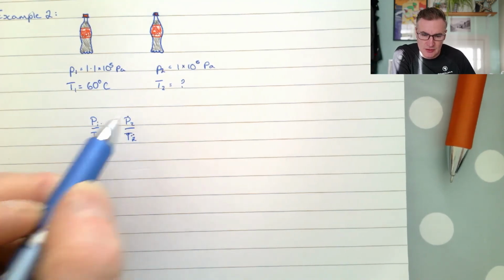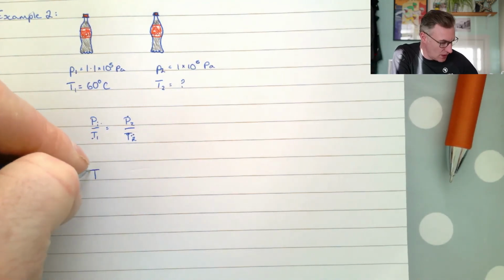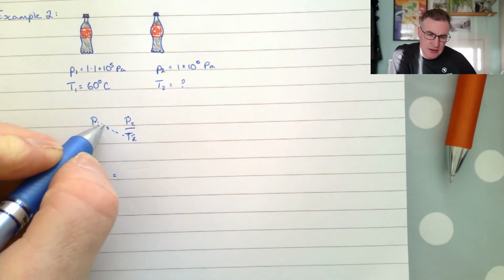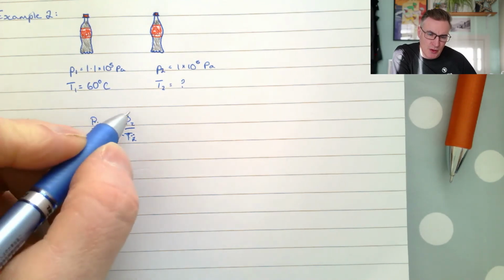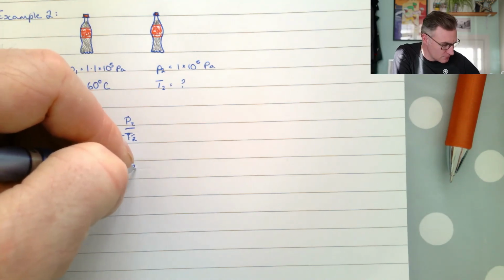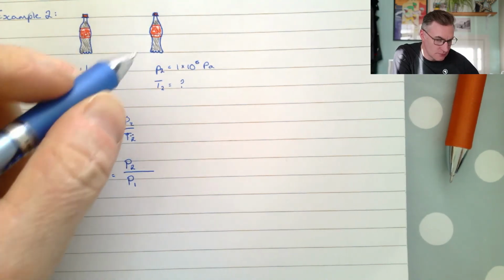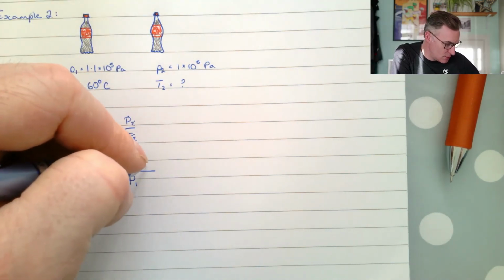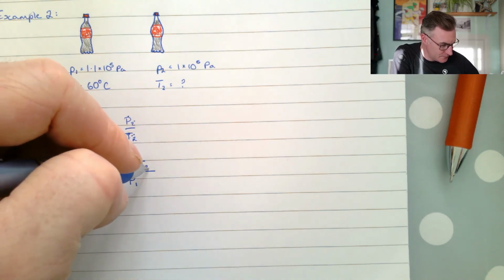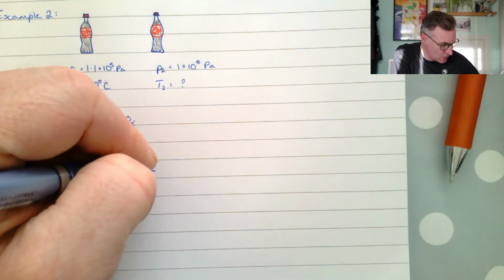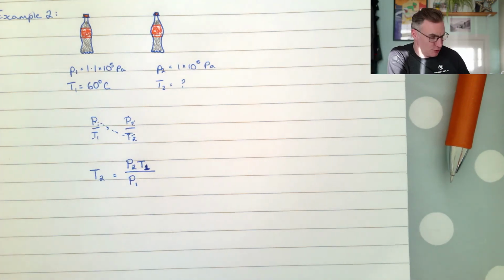So we're going to have T2 equals P2, which stays where it is, P1 comes down there, and then our T1 goes up there, like so. No, that's T1, isn't it? Of course. Okay, super.